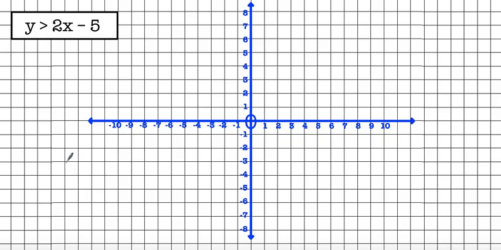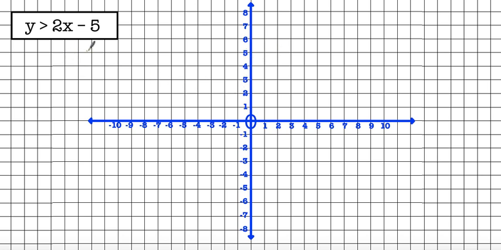So here we have y is greater than 2x minus 5. Because we have y is greater than, we're going to use a dashed line. We're going to plot this as we normally would first, and then use a dashed line through our points.